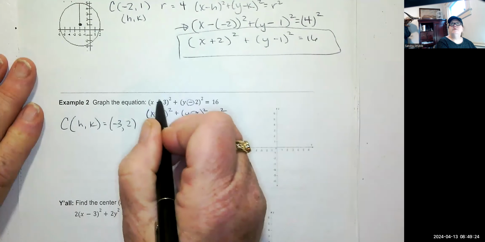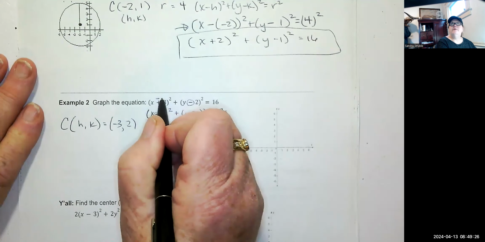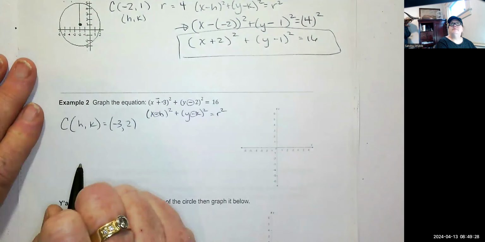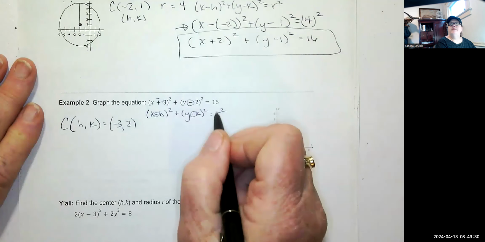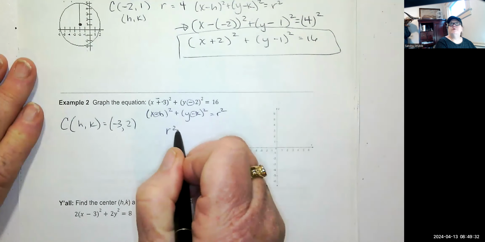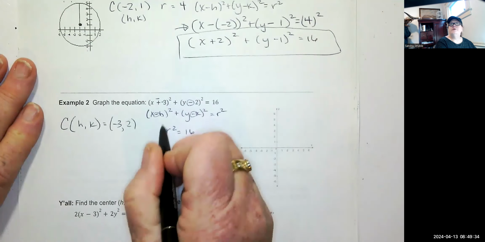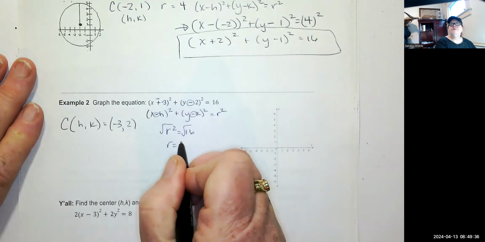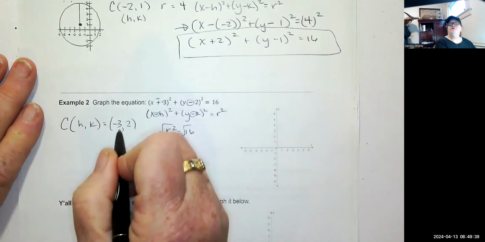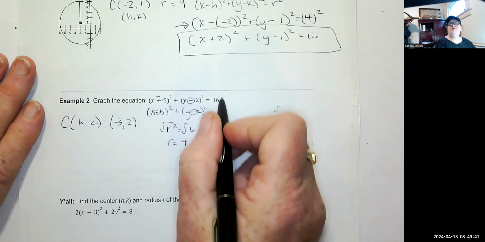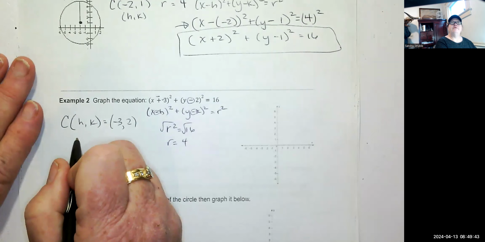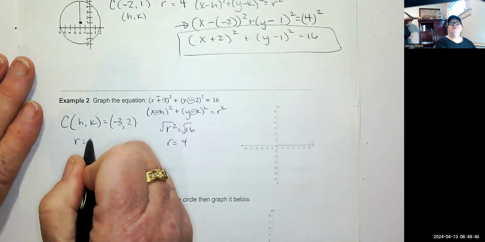This one, the negative was not there, so this had to become -3, so that I can see that it's negative. And then for 16, I can just take r squared equal to 16 and solve for r. Square root of both sides, r is equal to 4. You do not have to worry about the plus or minus in this. I'm just showing you how to get the r for that. Just take the square root. So r is equal to 4.